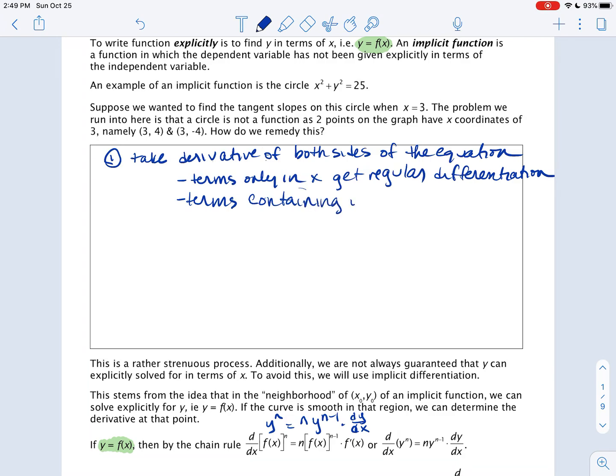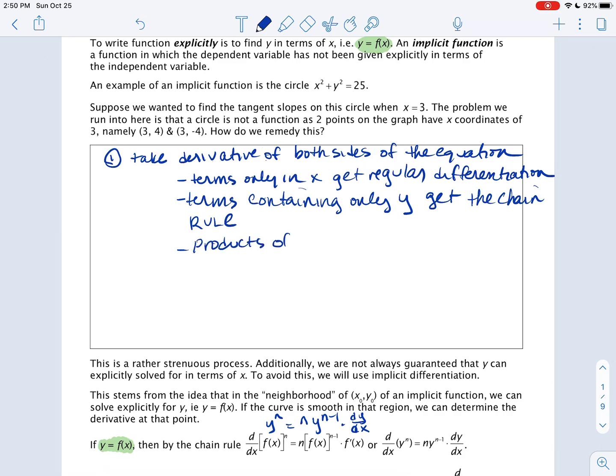And terms that contain y and only y get the chain rule. So don't forget to multiply by dy dx, and assume that behind the scenes y is a function of x.